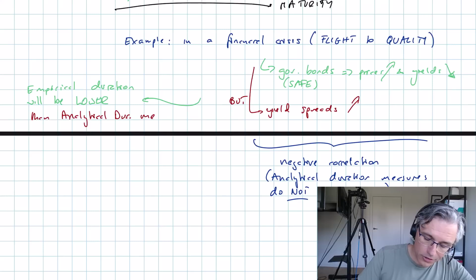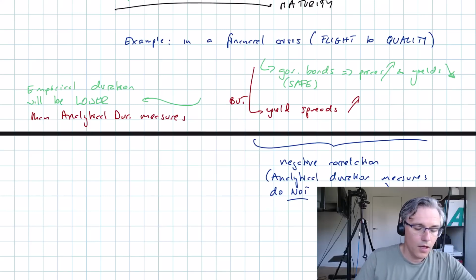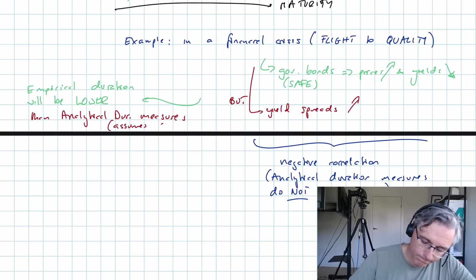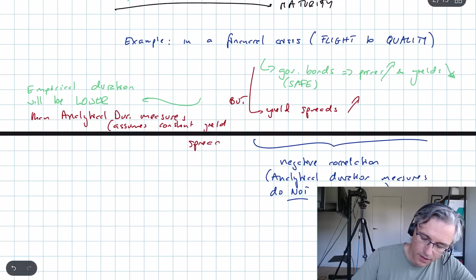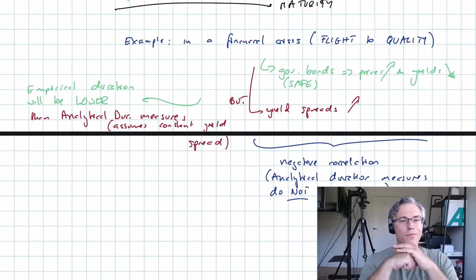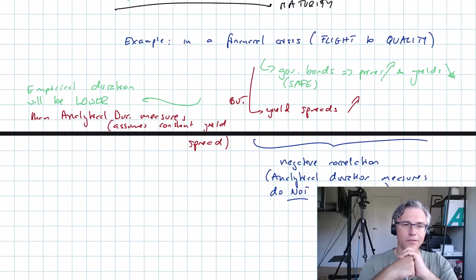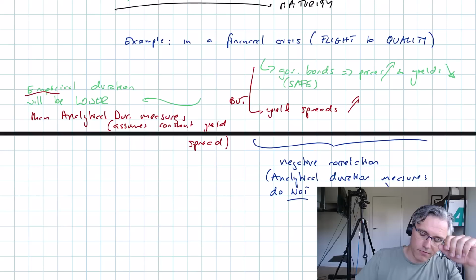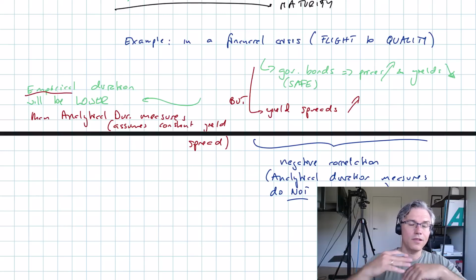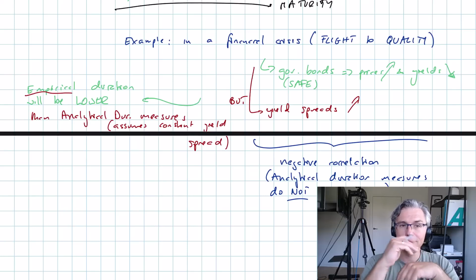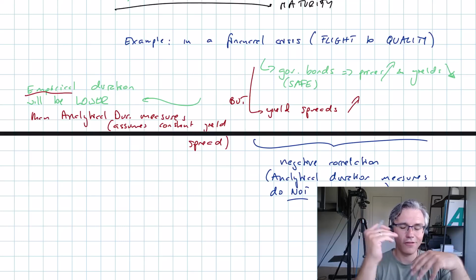duration measures, whichever one you would use, because analytical duration assumes a constant spread, and therefore predicts that the yield on the corporate bond will drop, and its price will go up in line with what's happening to benchmark yields, whereas empirical duration should spot that offsetting effect, the negative correlation between them, and will not predict so much price change, and therefore not so much price sensitivity in response to a change in market conditions in a financial crisis.